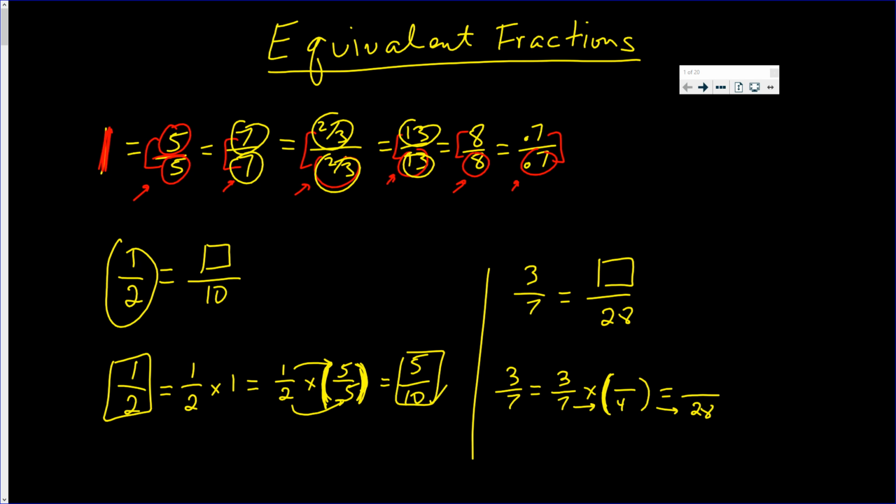And if this has any hopes of being 1, the top has to be the same as the bottom. 3 times 4 is 12. So I wrote 3 over 7 equals 12 over 28.